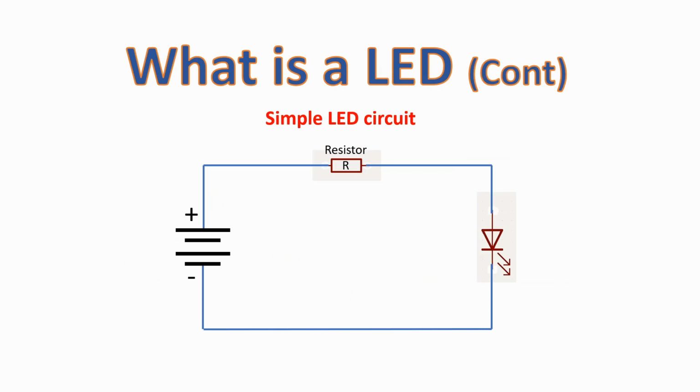Now, let's look at a very simple LED circuit, which consists of a power source here, an LED itself, and a resistor. The resistor is called a current limiting resistor. It's not theoretically absolutely necessary, but these LEDs are very sensitive to current.